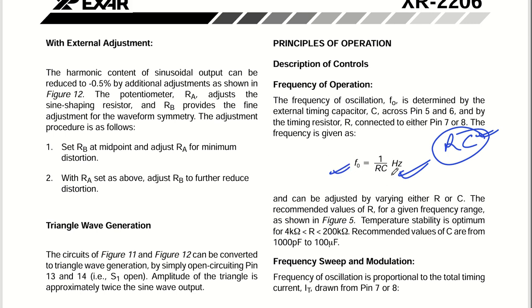If you want a particular frequency output, you have to adjust your resistor and capacitor settings. You have to make sure that the resistor is between 4 kilo ohm and 200 kilo ohm, and the capacitor is between 100,000 picofarad and 100 microfarad. These are the two things we have to keep in mind.